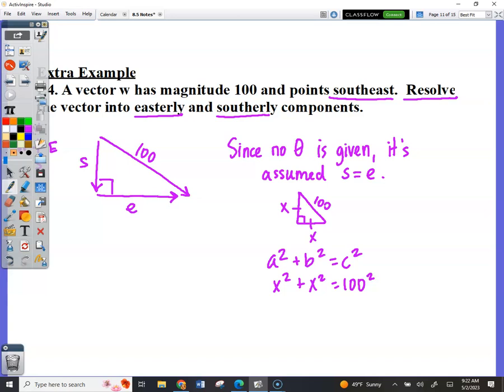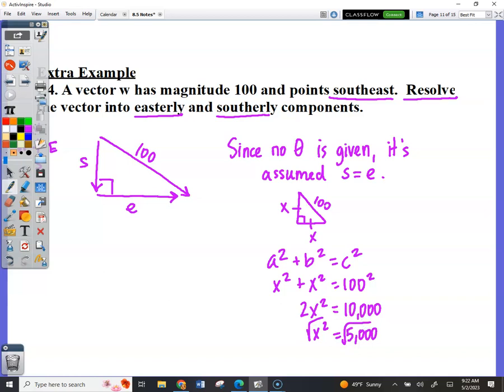That is 2x squared. 100 squared is 10,000. What do I need to do with the 2? Divide it to the right. Brain fart, 5,000. Square root that.